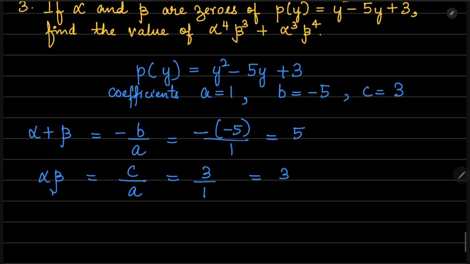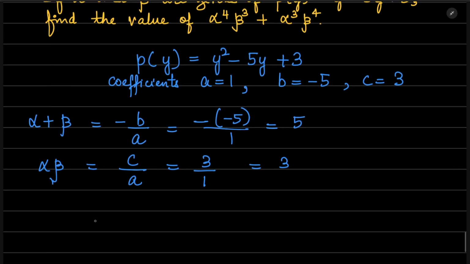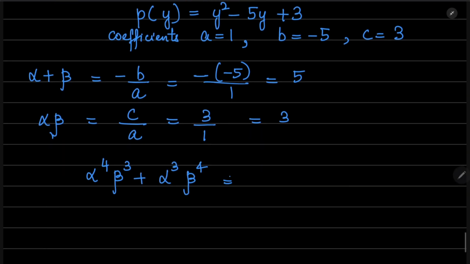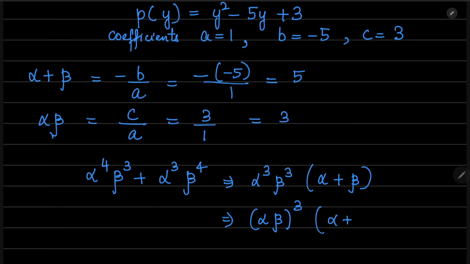What you have to find is the value of alpha to the power 4 beta cube plus alpha cube into beta to the power 4. What is common? I can take alpha cube beta cube common, so you'll have alpha plus beta left over. I can write alpha cube beta cube as alpha beta, the whole cube, multiplied by alpha plus beta.